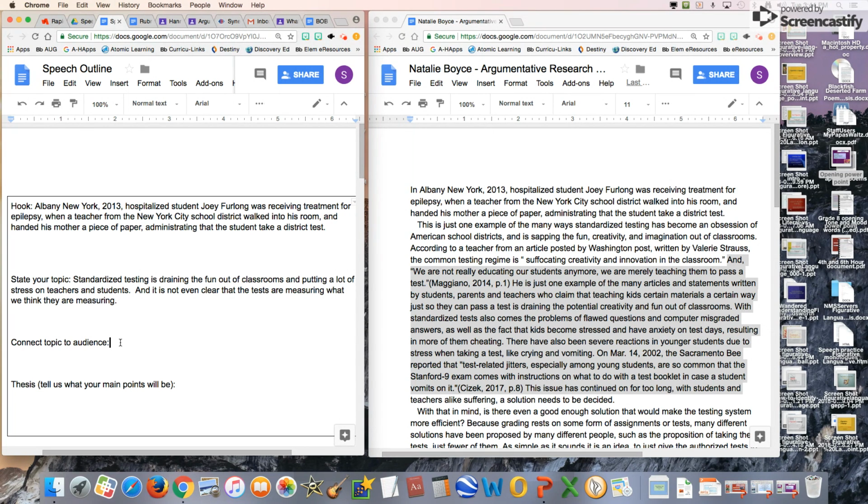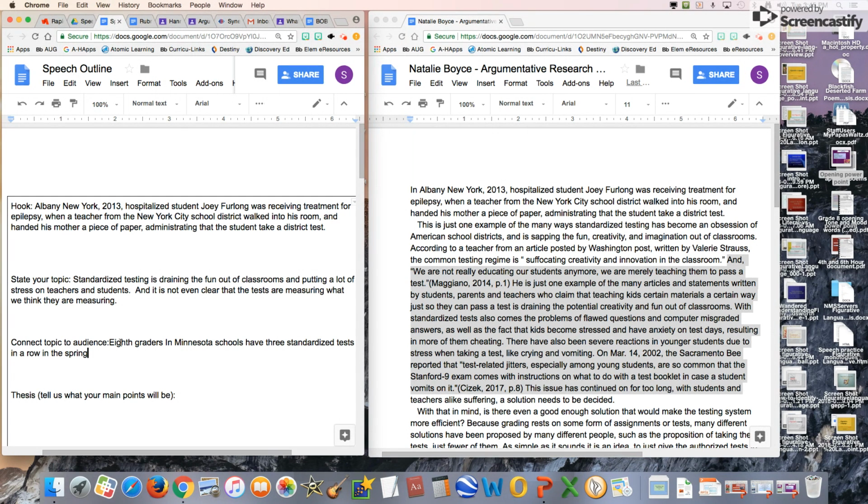The 8th graders in Minnesota schools have 3 standardized tests in a row in the spring, and consider how much class time was spent taking those 3 tests.